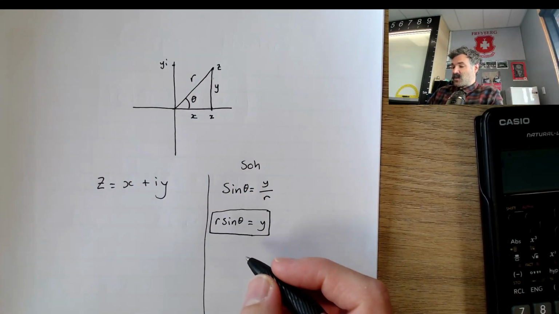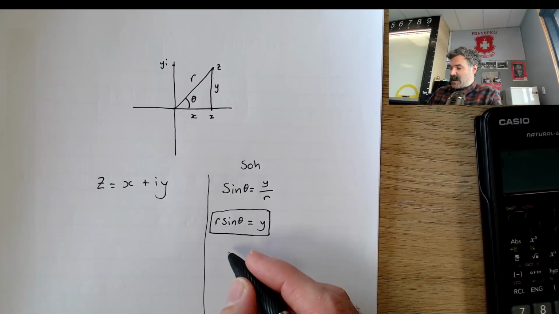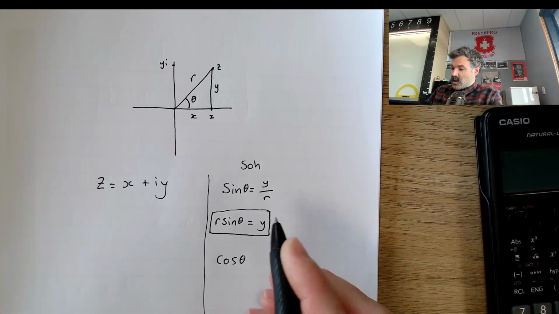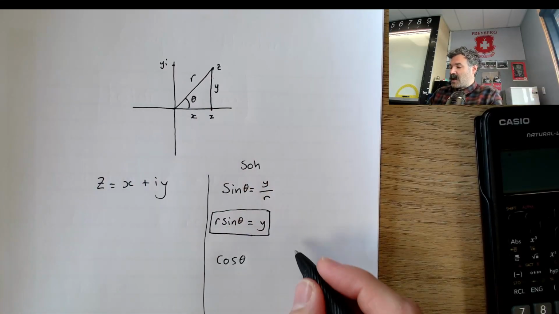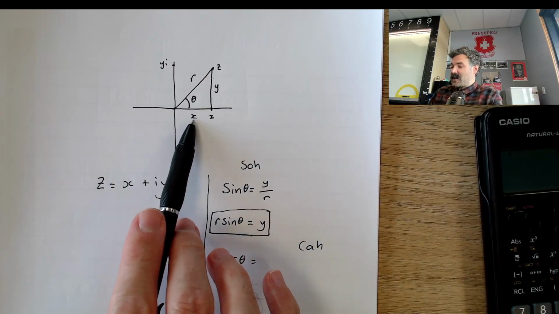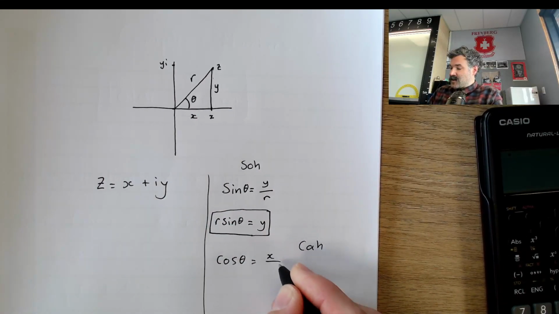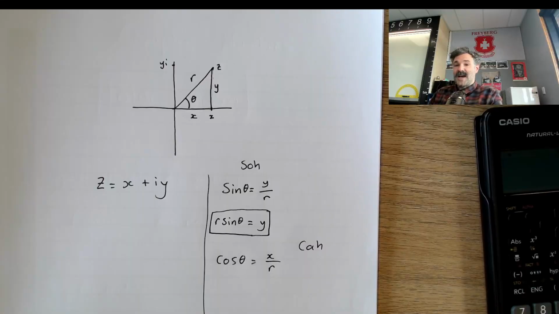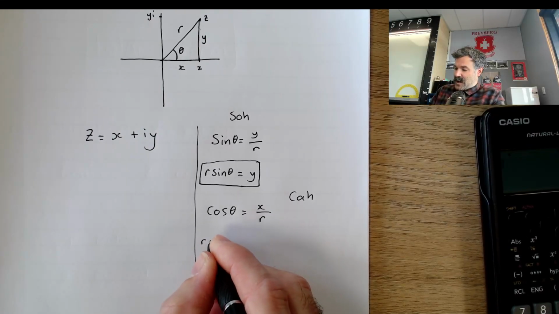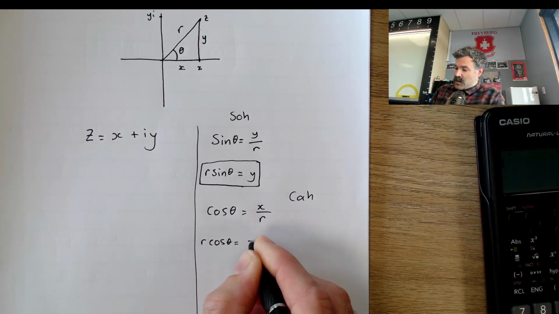We can do the same thing with cos to get my x length. So cos of this angle, using the CAH rule, is equal to the adjacent side, in that case my x, divided by my hypotenuse, which is r. I'm going to do the exact same trick, multiply that r to the cos, and write x is equal to r cos theta.